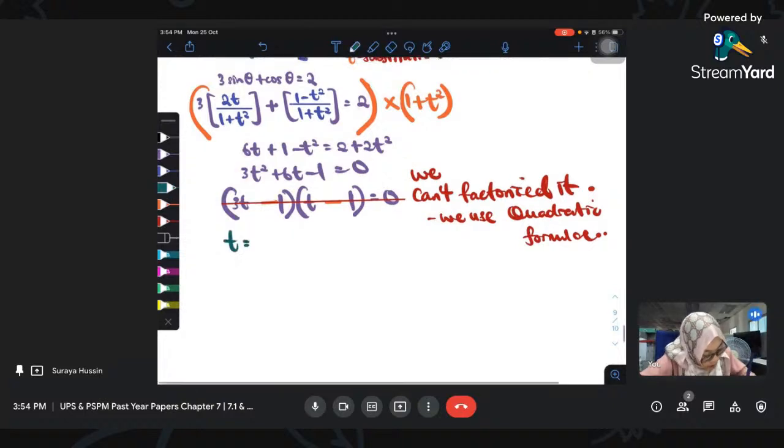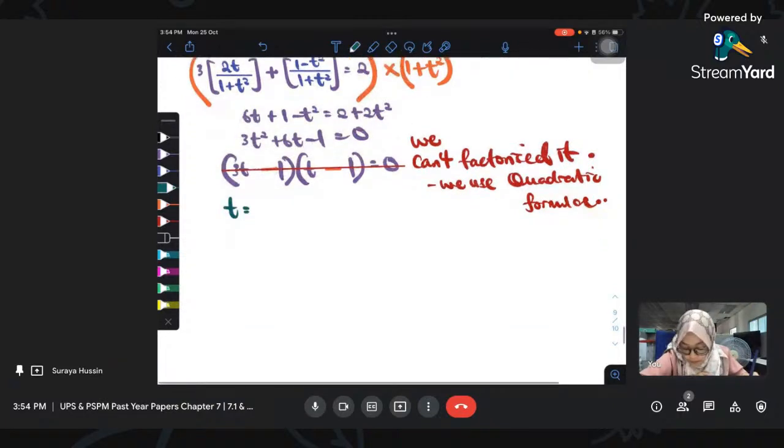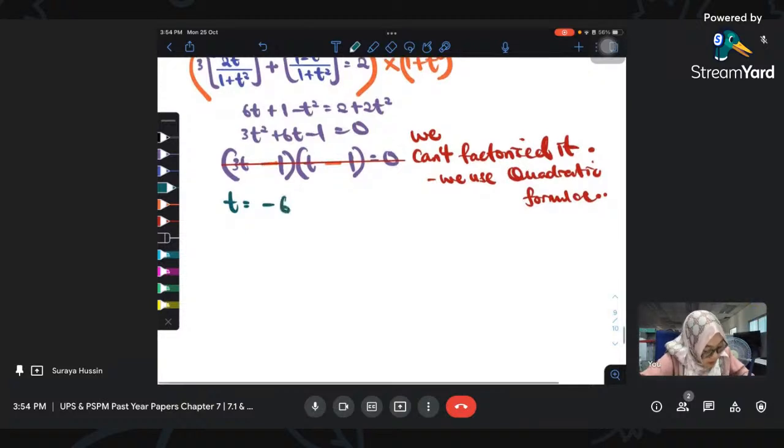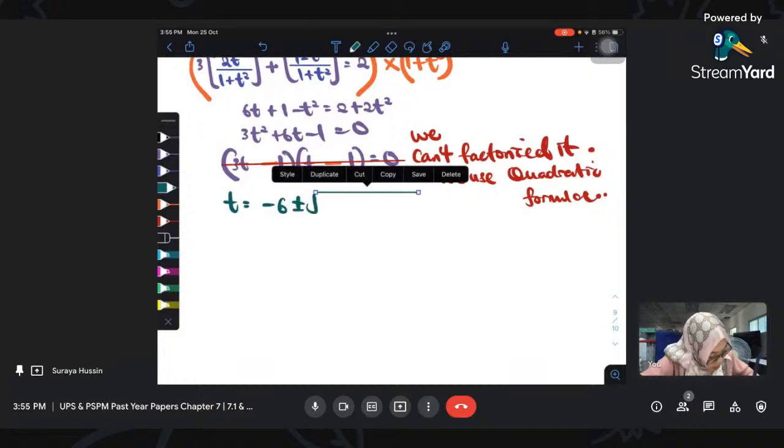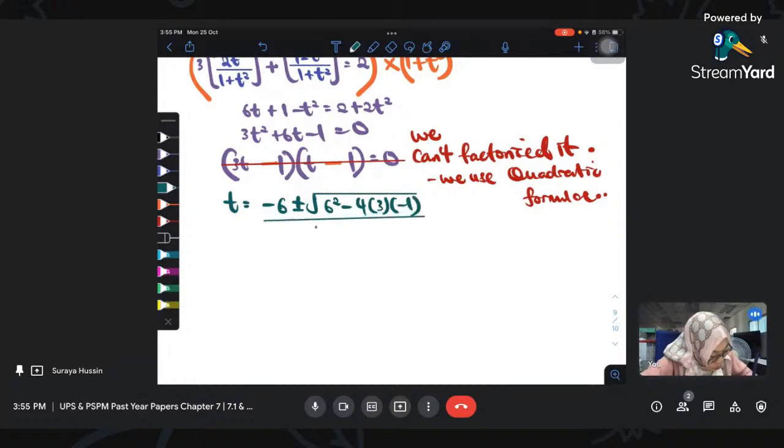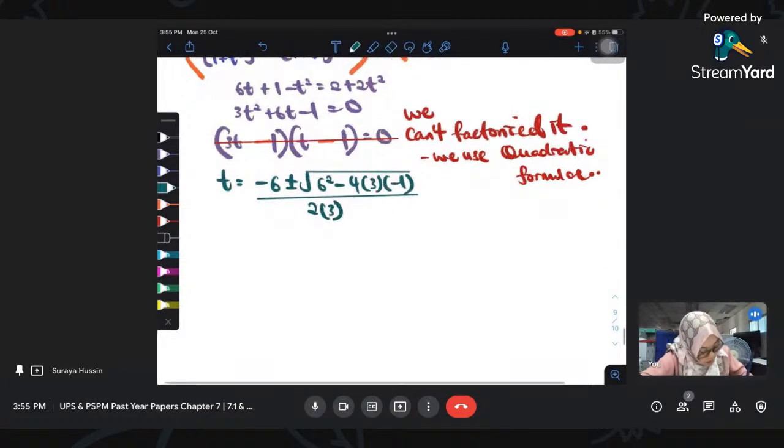So t is equals to negative b plus minus square root of b squared minus 4ac, divided by 2a. Yeah, and so we will get negative 6.